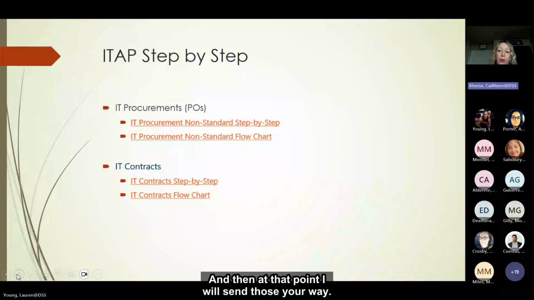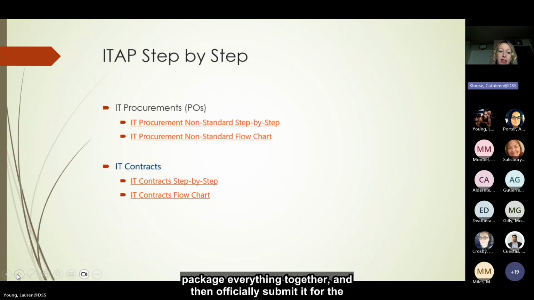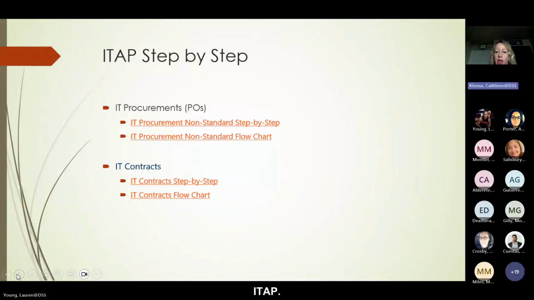At that point, I will review them first, send them your way, and then we'll ask that you take a look and make the necessary changes. Then I complete a couple of extra IT documents, package everything together, and officially submit it for the ITAP.